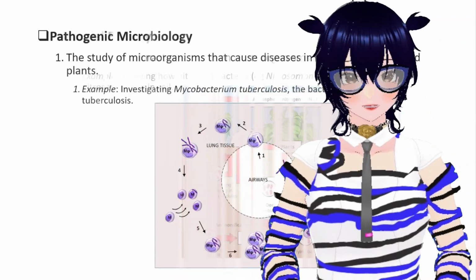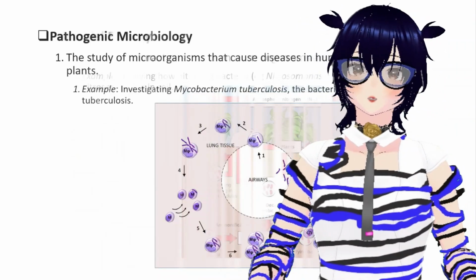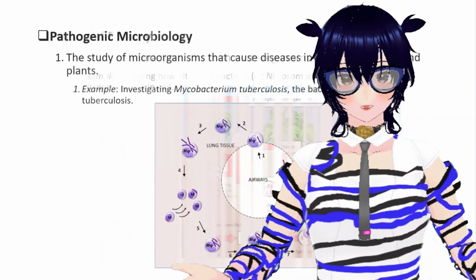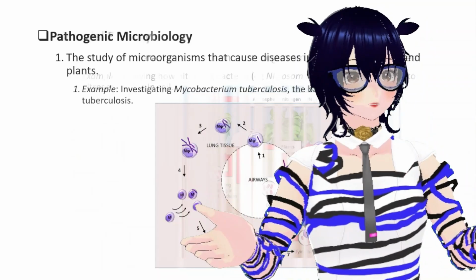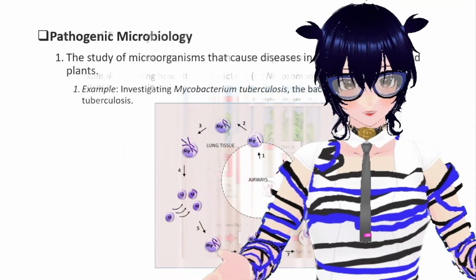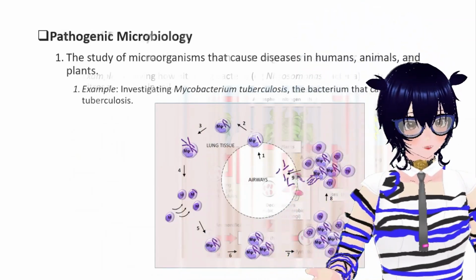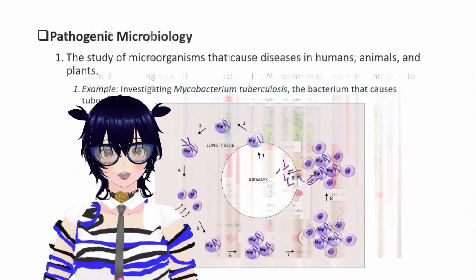They enter the macrophages and kill them, and slowly they colonize our lungs, dominate them, and then destroy them. When they destroy them, our lungs don't function, and then we die. Actually, that is the severest case that can happen, but it damages our lungs. So this was just an example of pathogenic microbiology.